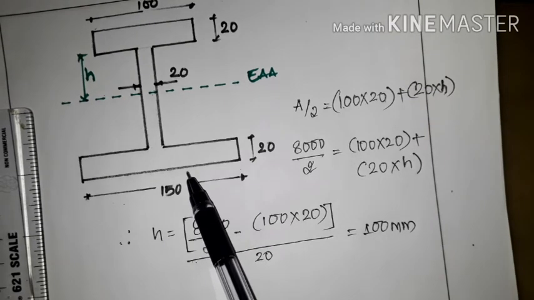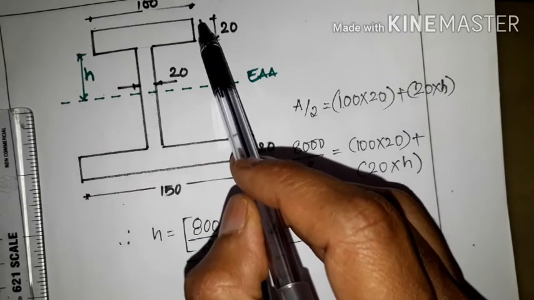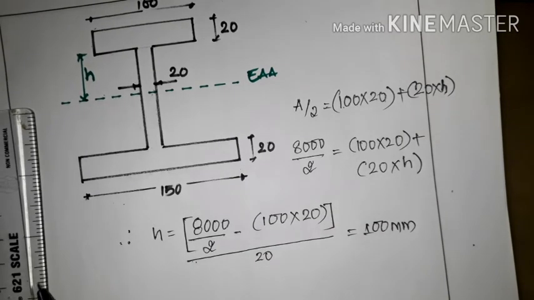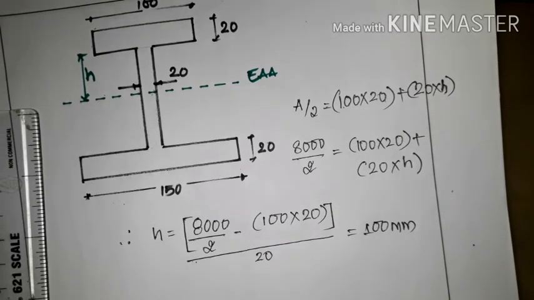The location of the equal axis is 120 mm from the top flange. Understood? So we can say like that also.